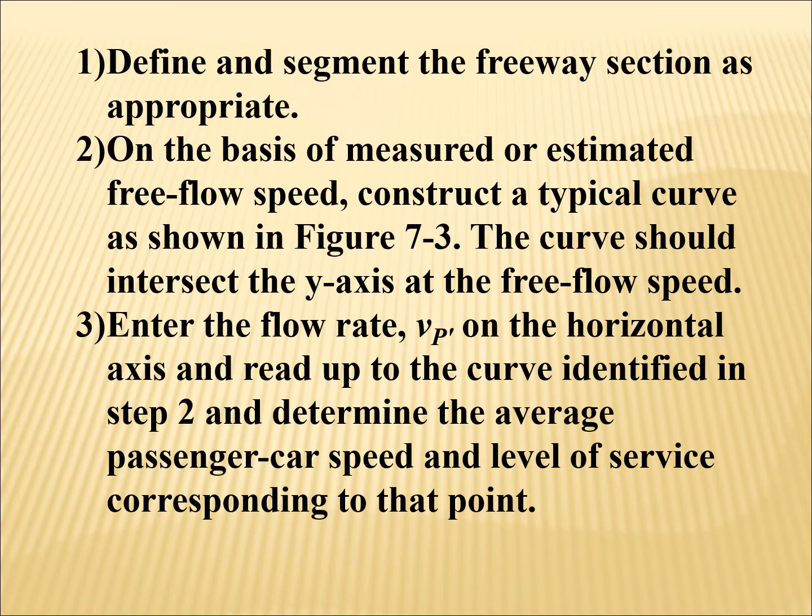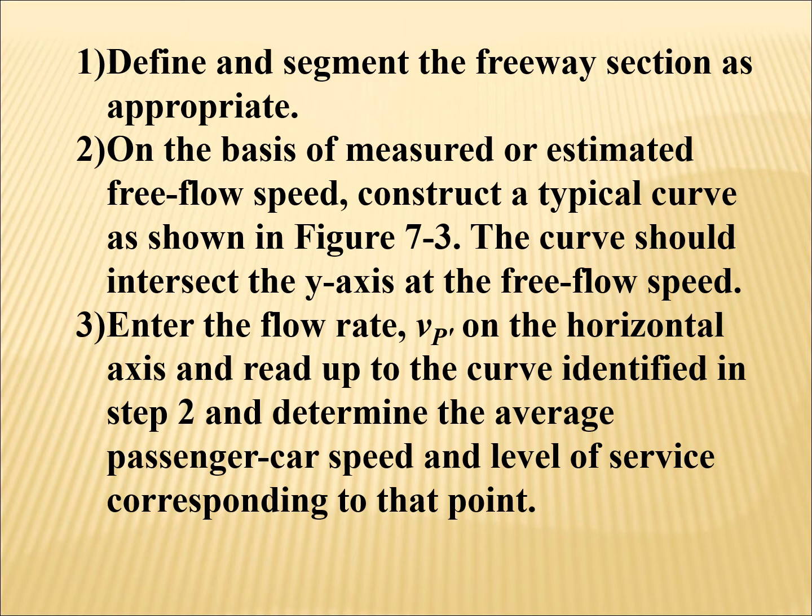Step 1, define and segment the freeway section as appropriate. Step 2, on the basis of measured or estimated free flow speed, construct a typical curve as shown in Figure 7-3. The curve should intersect the y-axis at the free flow speed.